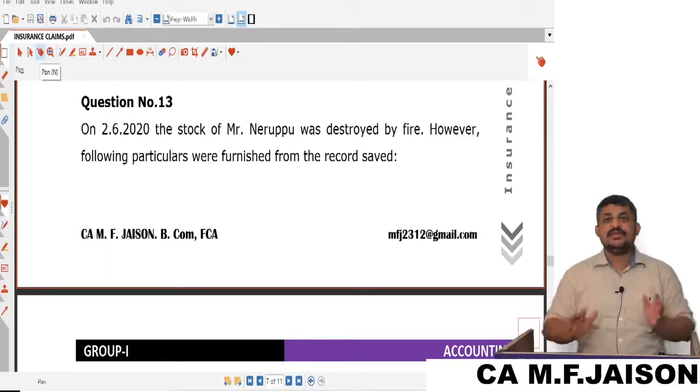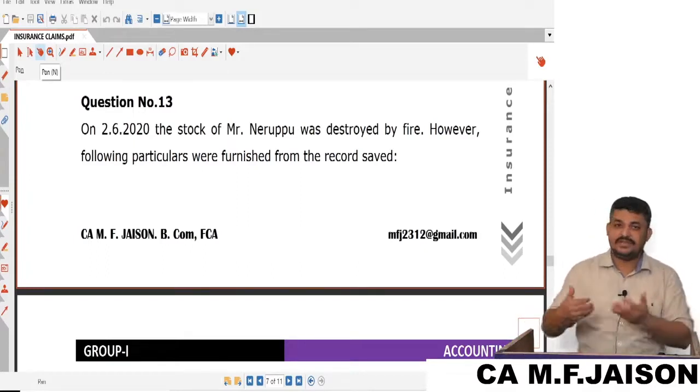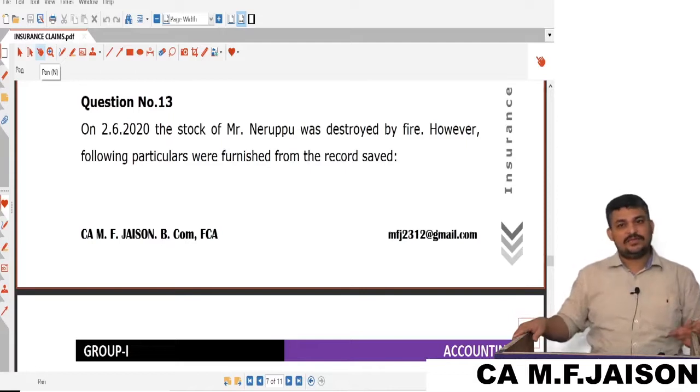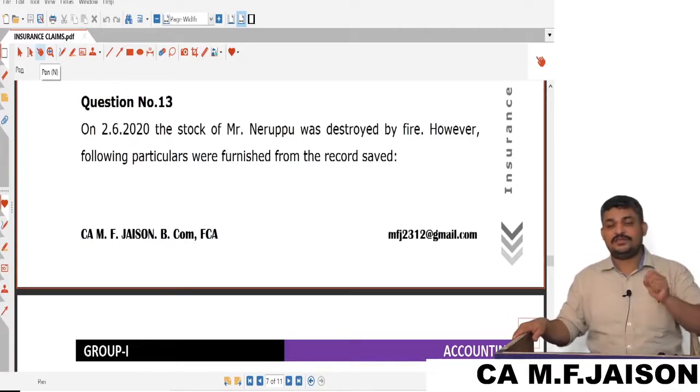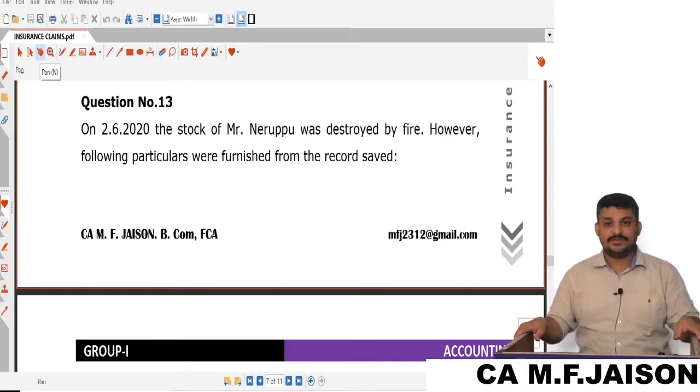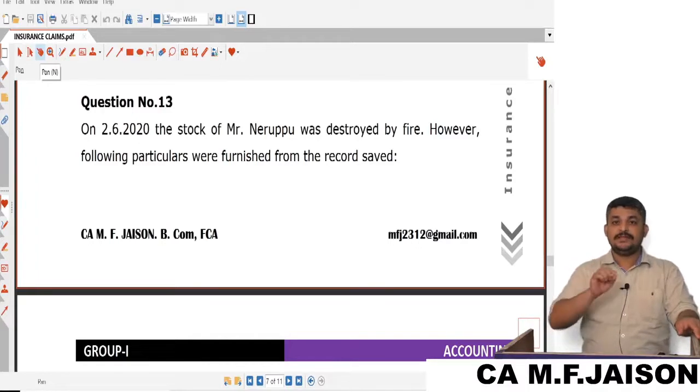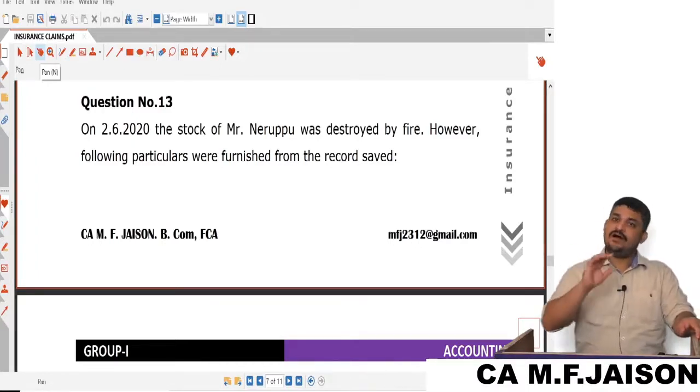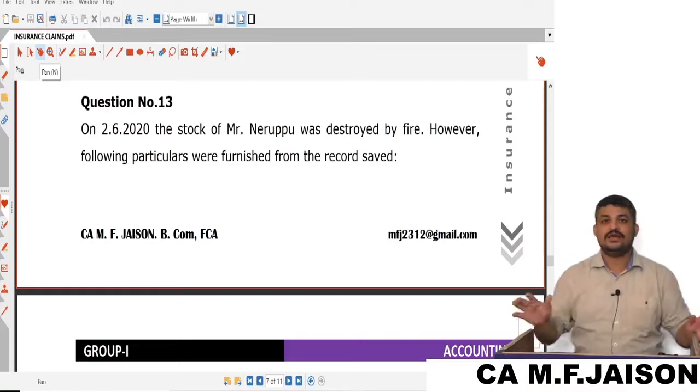If it is given, well and good, take the GPR as it is. Sir, gross profit ratio is given, but it is mentioned as GPR on cost, 30%. Sometimes they will tell that gross profit is 30% above cost. On cost, above cost, both are one and the same.